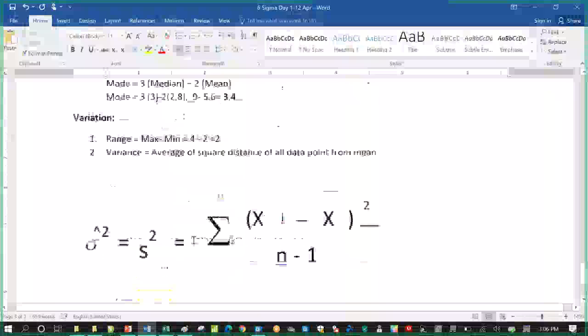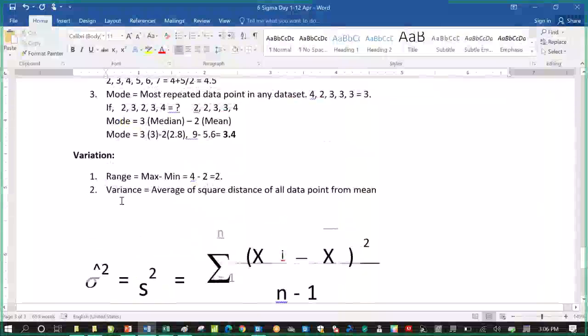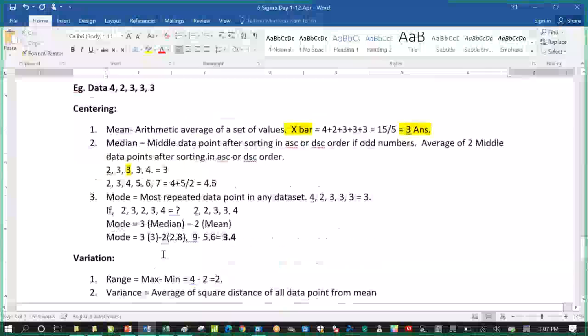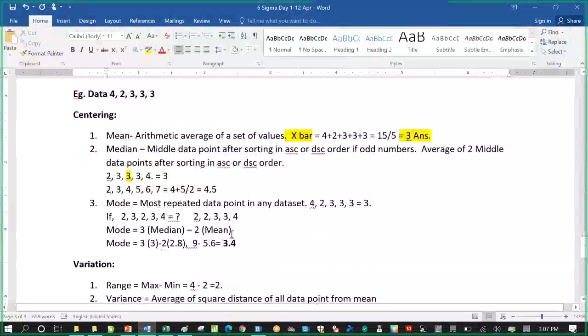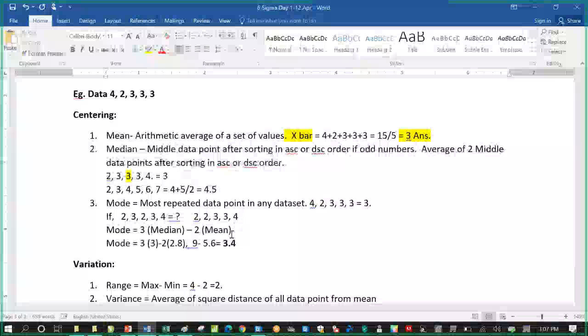No, whichever I'm calculating under variation will be only for the variation related part. For centering, we have only three options: mean, median, mode. My doubt is, do we use variation to calculate how deviated we are from our target? Because you said centering is all about achieving the targets and understanding how far we are from the targets.